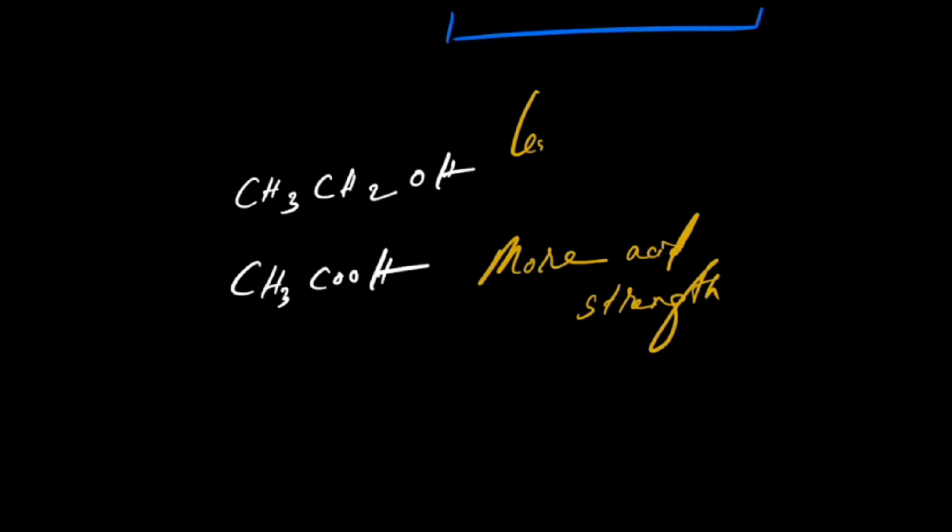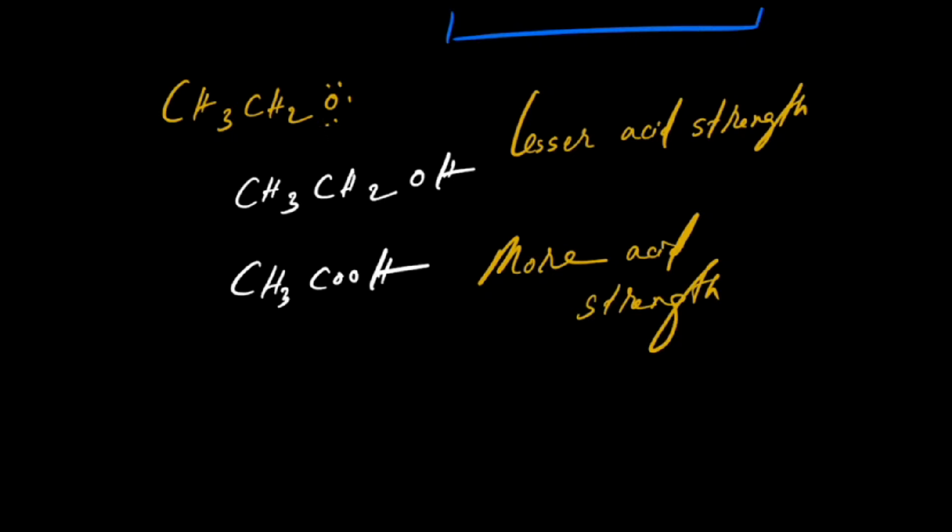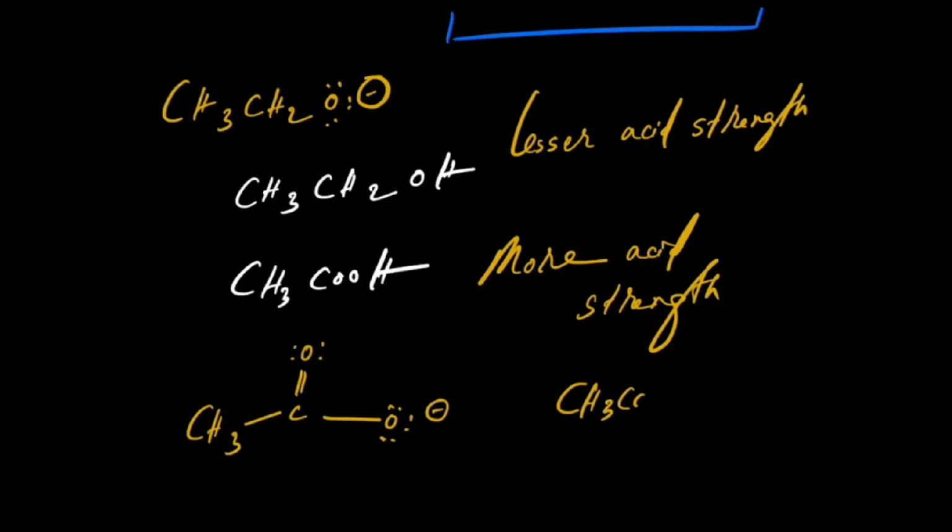This is having lesser acid strength comparatively. What was the reason? The conjugate base of ethanol was CH3CH2O minus, or ethoxide. The conjugate base of this, I'm drawing the detailed structure, was CH3COO minus. So this is the detailed structure.